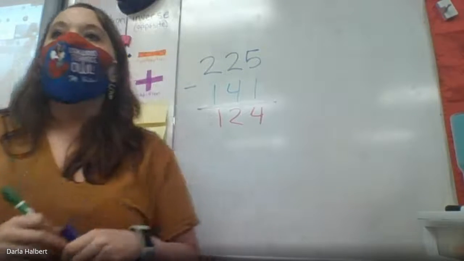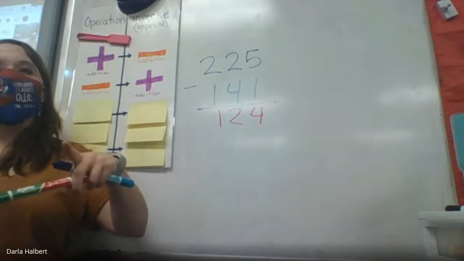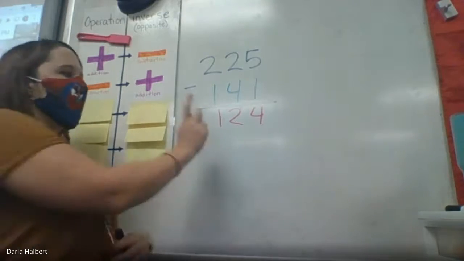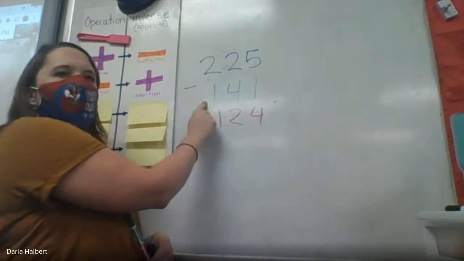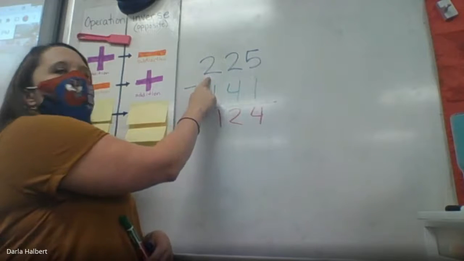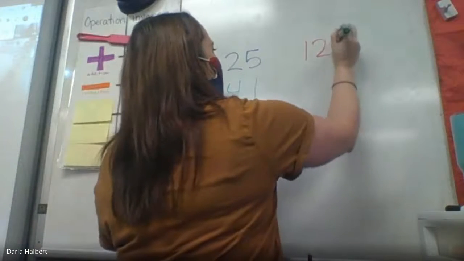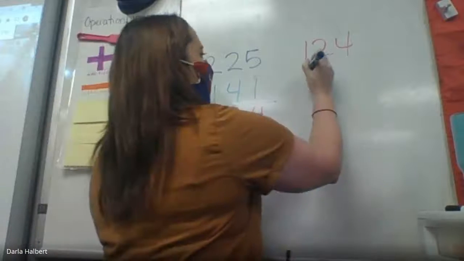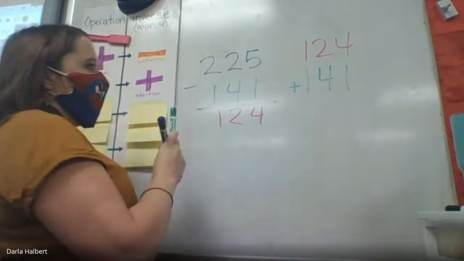Okay, now we're going to check using the inverse operation. Read it backwards. 124 plus 141 should equal 225. Let's check it. 124 plus 141 should equal 225.